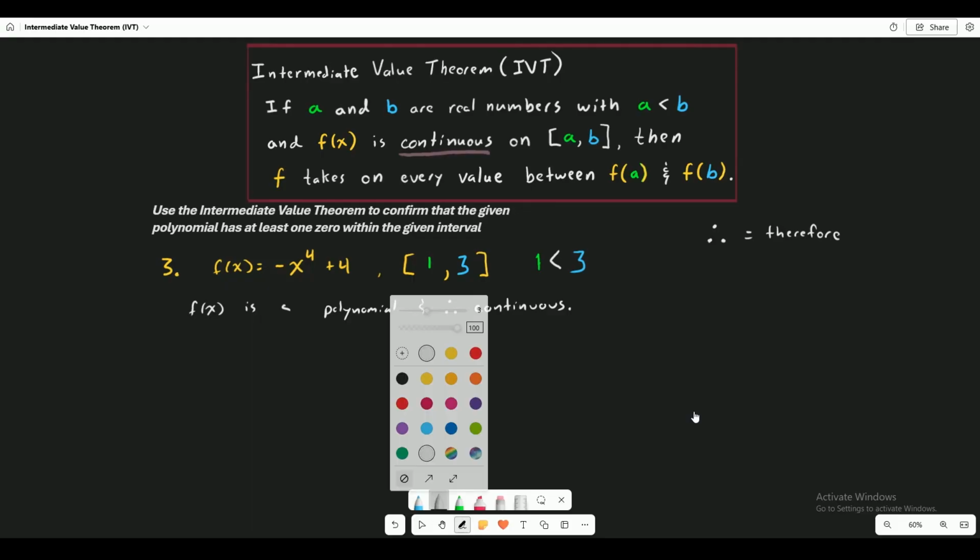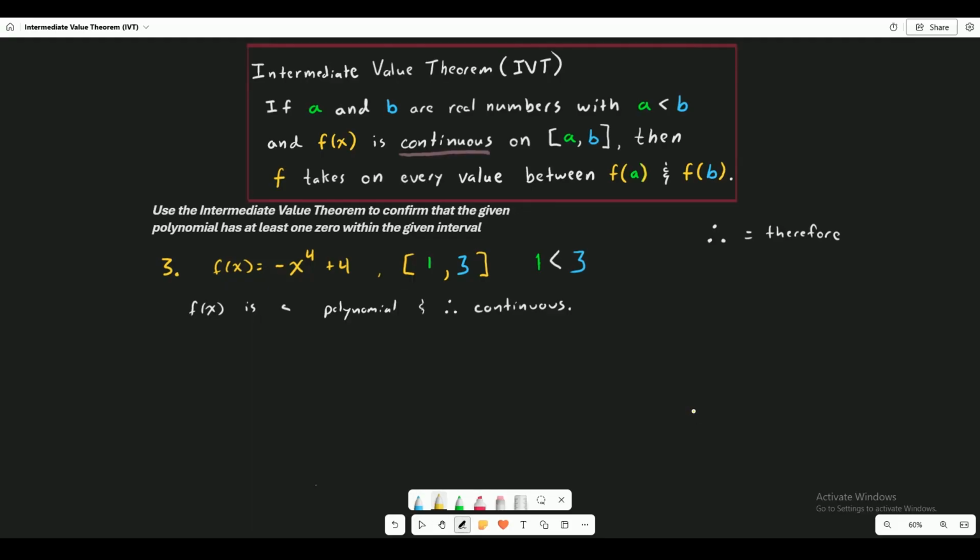Now let's calculate f of a. So here we go, f of a, which is just f of 1, which is equal to negative 1 to the 4th power plus 4.